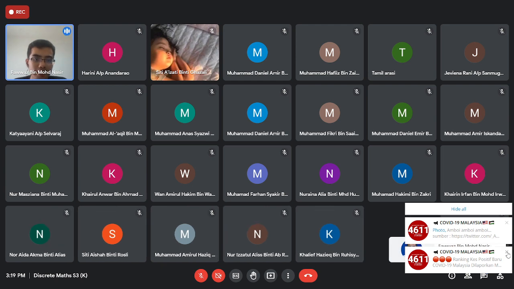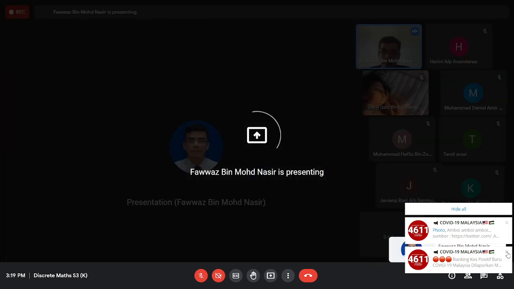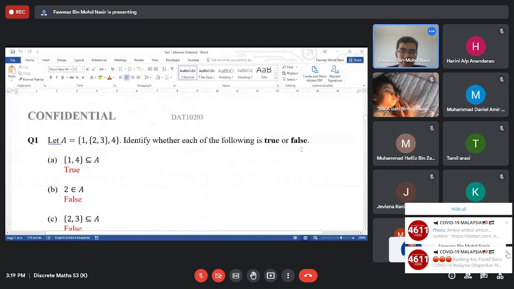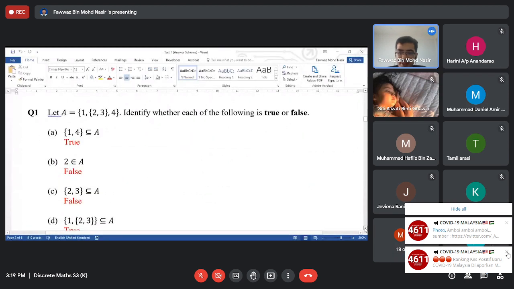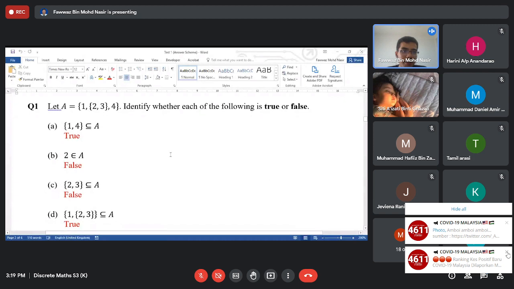Okay, so everyone is ready? So we'll go through the answers. For question 1, it says let A be this set: 1, {2, 3}, 4. Identify whether each of the following is true or false.